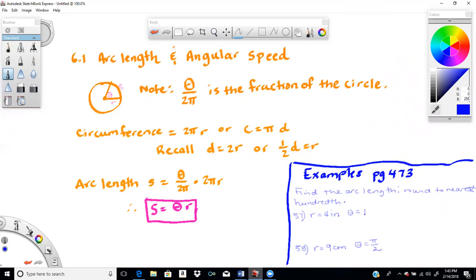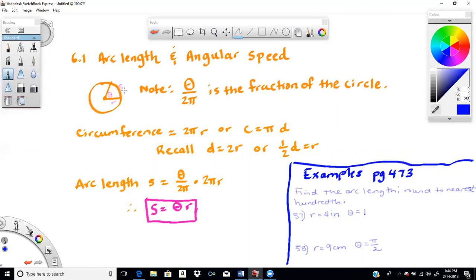So we want to find out what they are. Okay, so let's look at the circle. Here we see our angle theta. R is your radius, and S is your arc length.